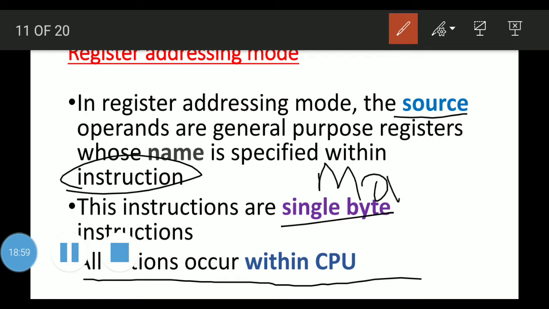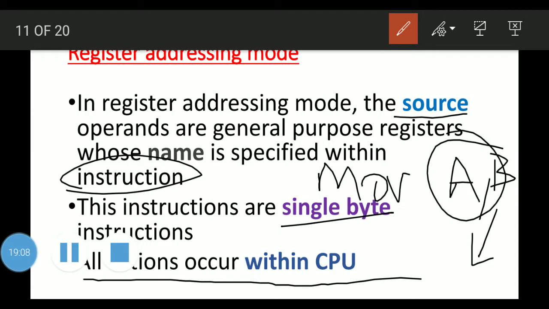B becomes the source. So in the instruction itself I specify my source and destination. That is why it is a register addressing mode. This is a single byte instruction because only one byte is needed to specify the opcode. In this we don't have any address, no 4-digit number, no data. So it is a single byte instruction.